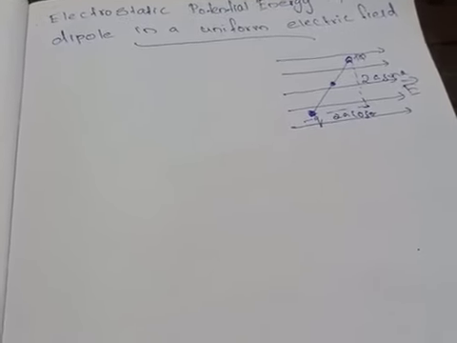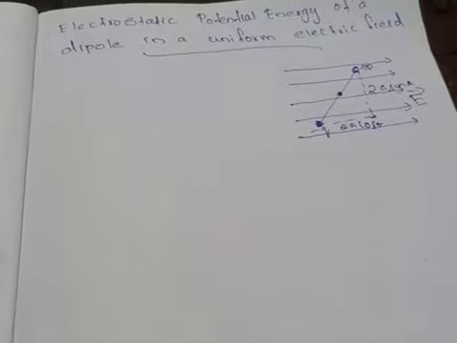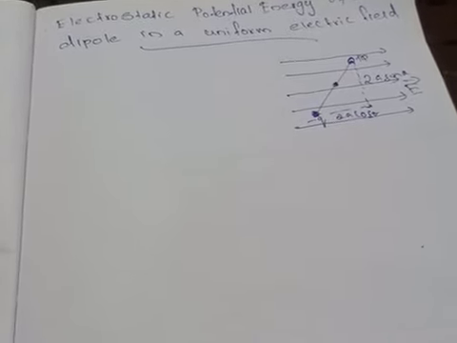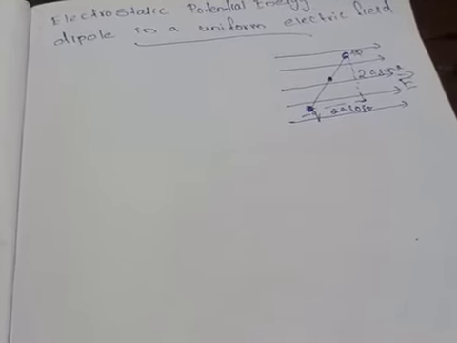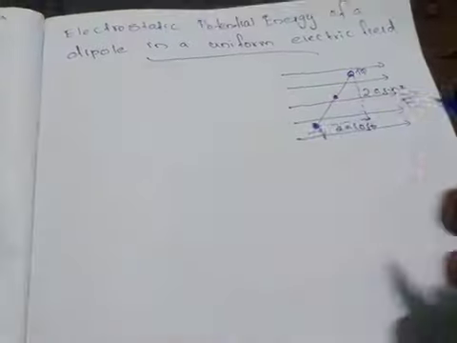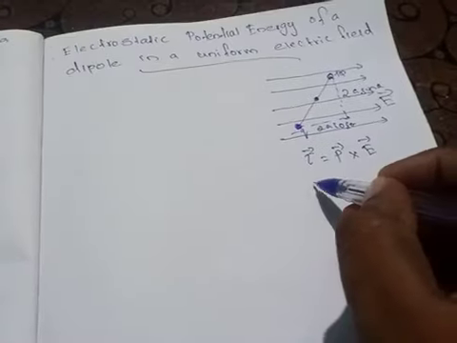So you have learned that if there is a dipole kept in a uniform electric field, it experiences a torque, and that torque is equal to what? The torque is equal to p vector cross e vector. Like this you have learned the formula also.